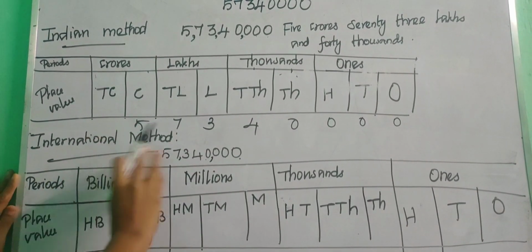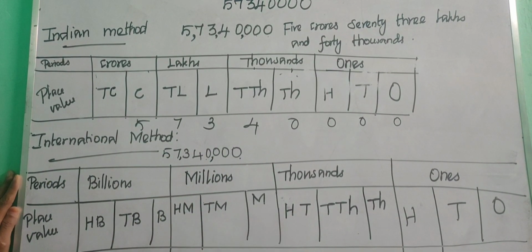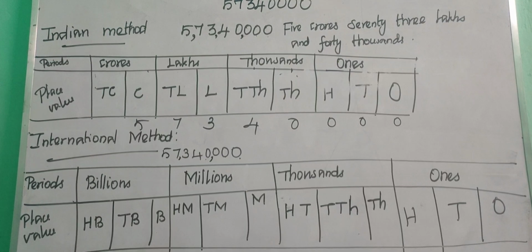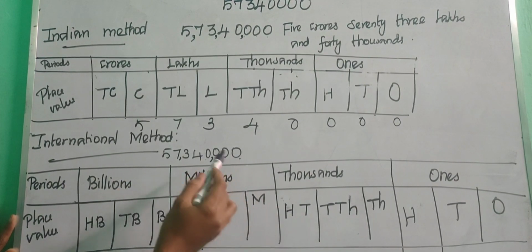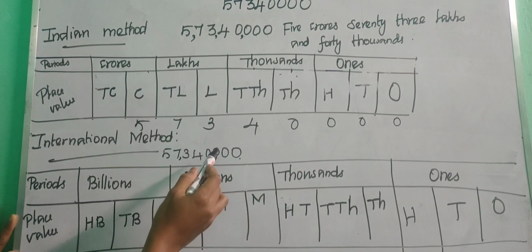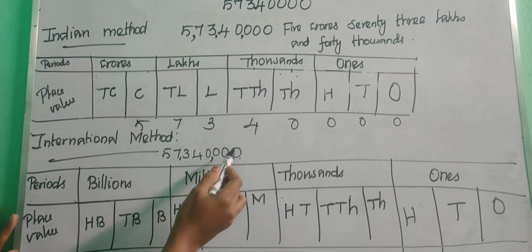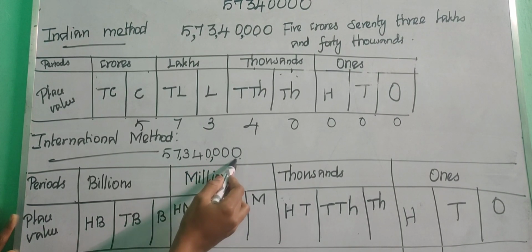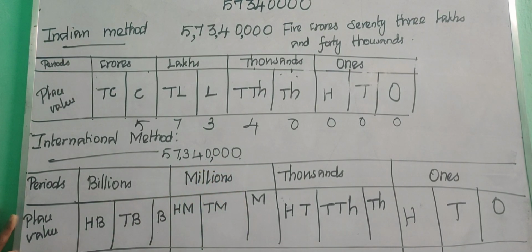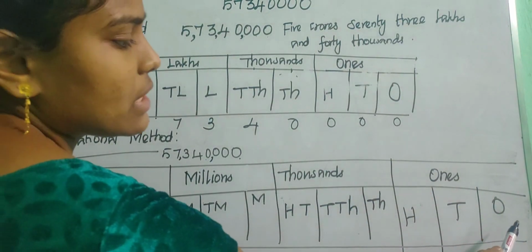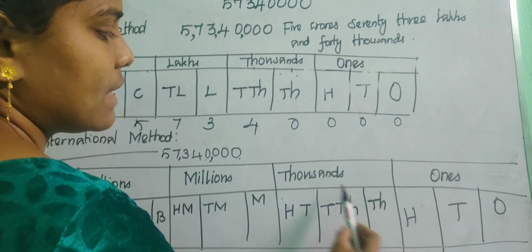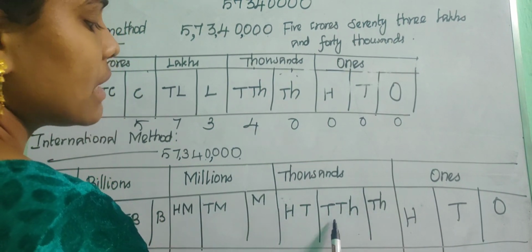So let us arrange this in the place value chart. First of all, what are the periods in the international number system? We know, right? Ones, thousands, millions and billions. While inserting the comma, we need to count three digits and put the comma. In each period we have ones, tens, hundreds, then thousands, 10,000 and 100,000.